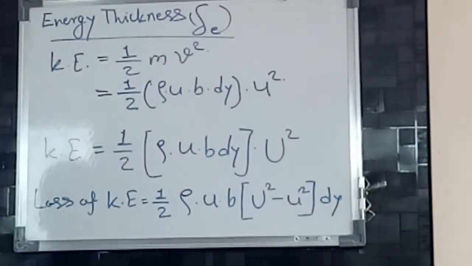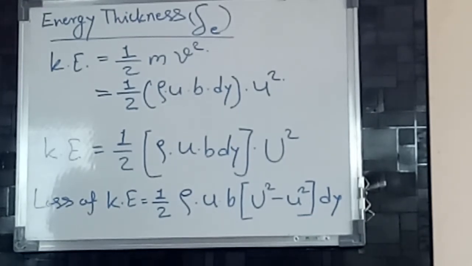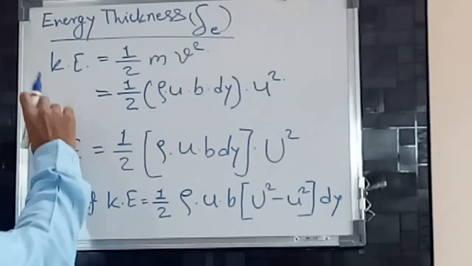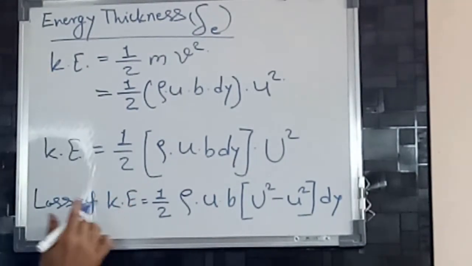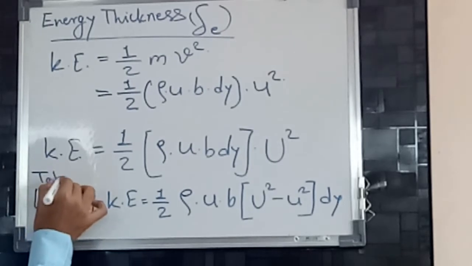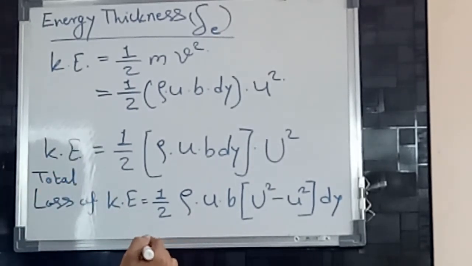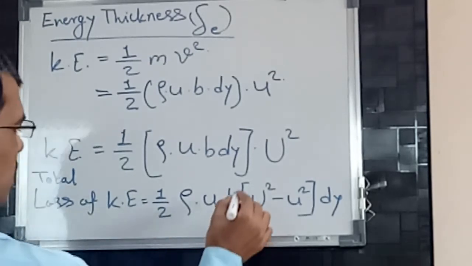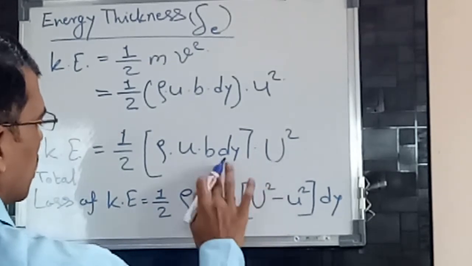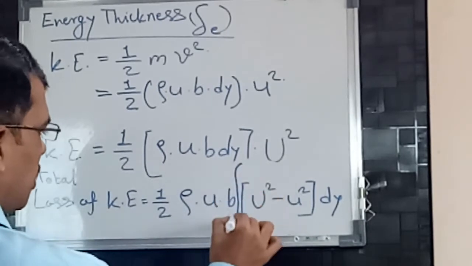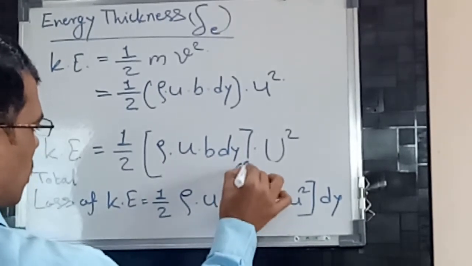So this is your loss of kinetic energy. Now we will find the total loss of kinetic energy in AB, that previous diagram AB. So what will come here? Total loss of kinetic energy, here the integration part will come, 0 to delta.